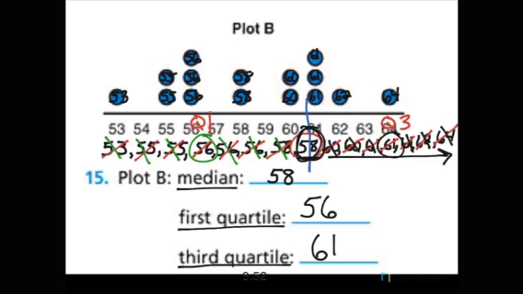Now that we have found the median and the first quartile and the third quartile, let's talk about what this data really means. If this is our results from our Unit 8 pretest, then we can separate our class into groups. And we could say that in the first quartile, we have these kids.